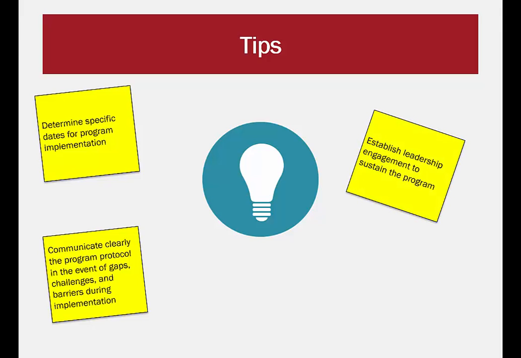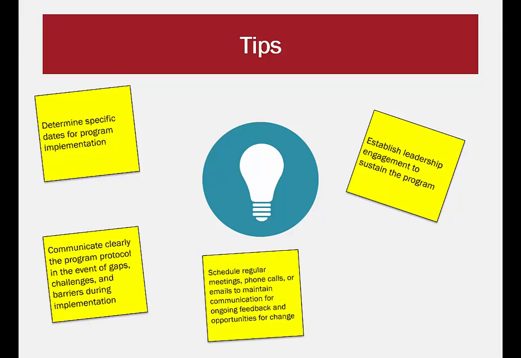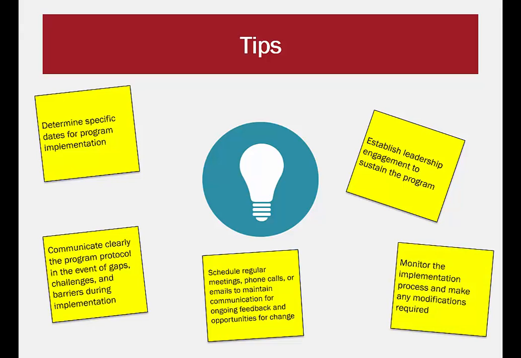Establish leadership engagement to sustain the program. 4. Schedule regular meetings, phone calls, or emails to maintain communication for ongoing feedback and opportunities for any changes to the implementation plan.